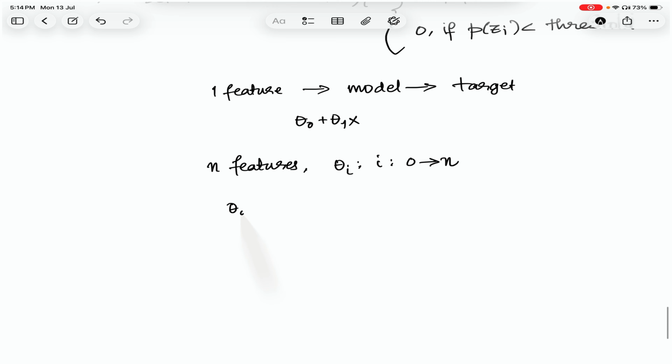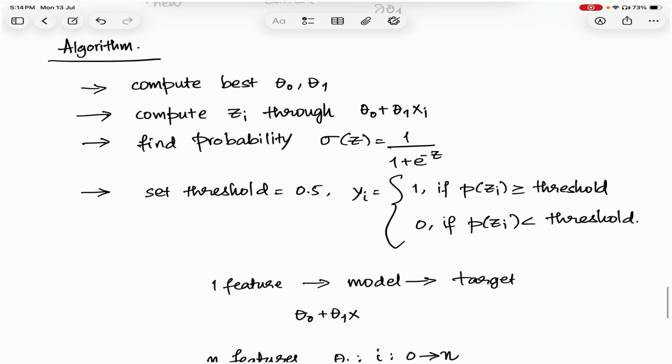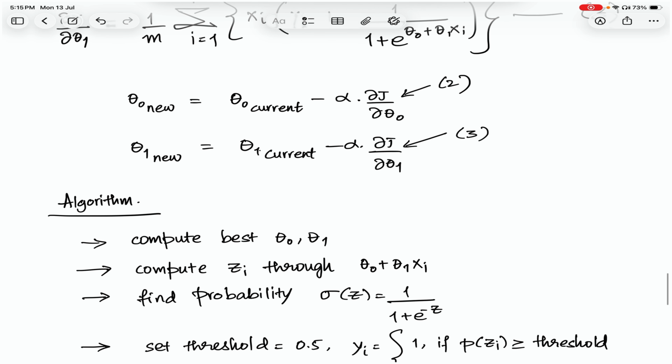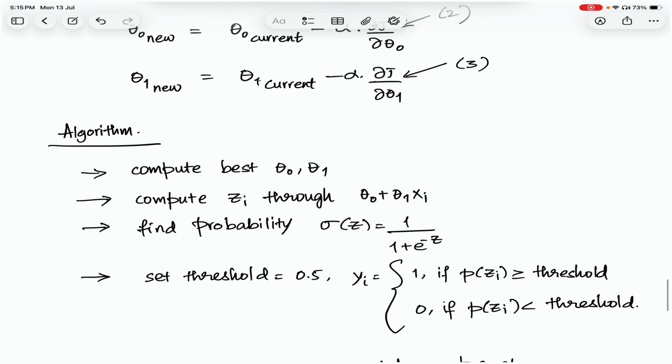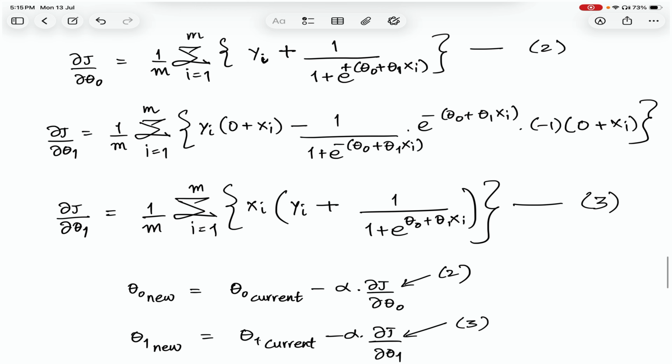So you'll have theta 0 plus theta 1 x1 plus theta 2 x2 plus theta n xn. So for now I'll just be implementing the one feature, one target variant, and then later go for multiple features as input. So there you have it. Let's get started with the implementation.